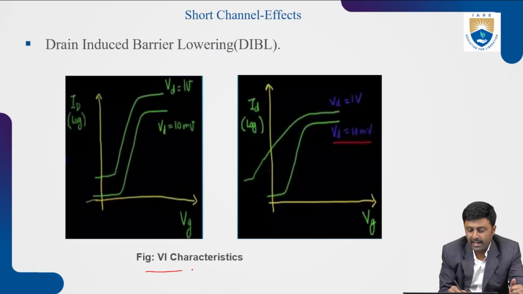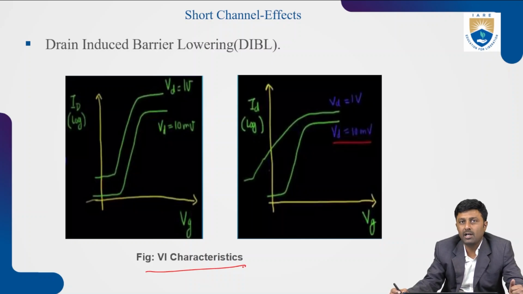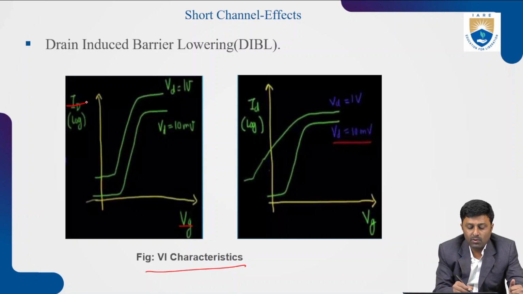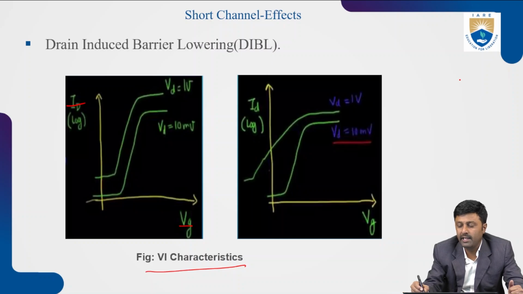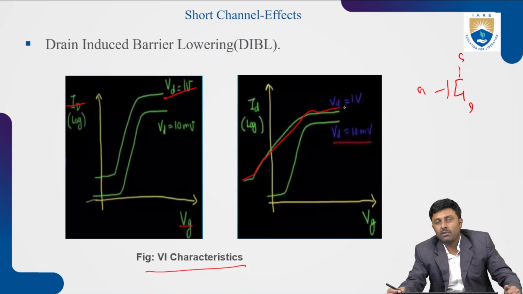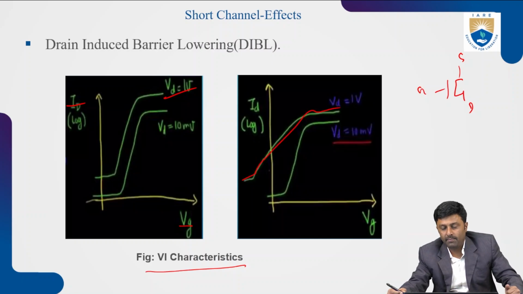So we will analyze this DIBL with the help of these two graphs. Let us say on the x-axis we have gate voltage, on the y-axis the flow of current. In the beginning, the gate will have the control for VG equal to 1 volt, 2 volt. But at some VD, the electrons or the holes will start traveling from source to the drain.